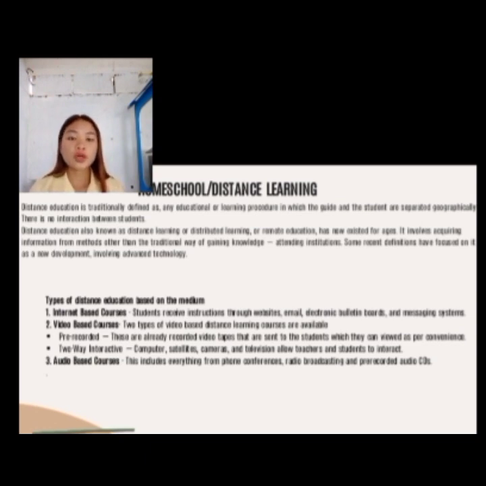Some teachers use pre-recorded because of lack of internet. They prefer to use sound recordings so they can easily send it in a GC for the students to know what they will do, or to instruct their students about their art outputs. If a student has a question about the artworks or modules, the teacher can use a video clip to explain the topic.